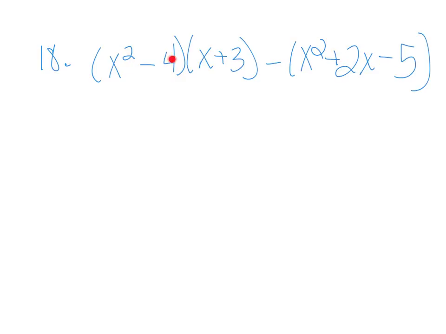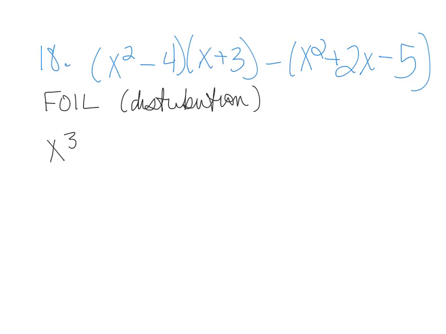There's no exponents I can do anything to, but I can multiply these two terms and then subtract. So I'm going to use the FOIL method, which is distribution. I could use the tabular method also, but I'd rather not today.